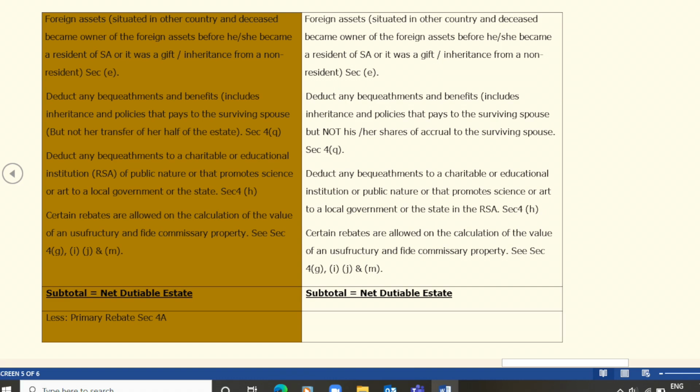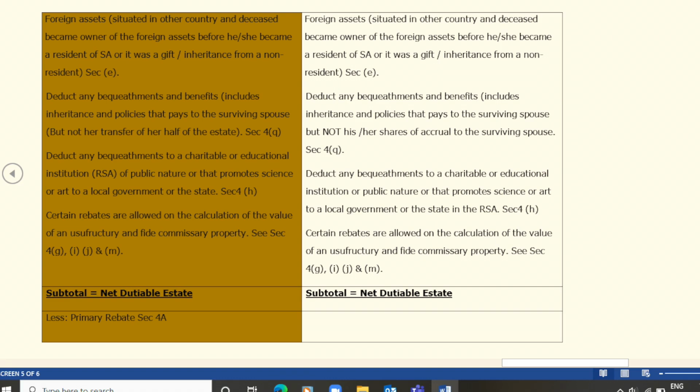Here on column B, you will then deduct bequeathments and benefits that pay to the surviving spouse, and the same rule will apply, but not their share of accrual to the surviving spouse. And then you will also deduct any bequeathments to a charitable or educational institution of South Africa of a public nature and that promotes science or art, to a local government or the state.